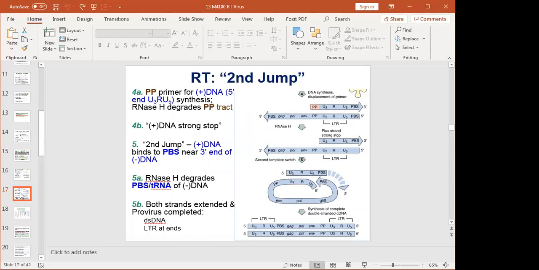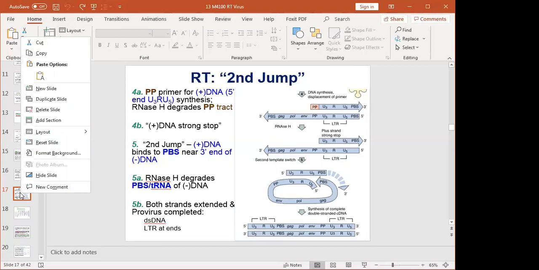So it's a switch in the template. First, it was at the 3' end, jumped to the 5' end. We extended the 5' end. Now from the 5' end, it jumps back to the 3' end. And whatever is in between, which is mainly negative DNA strand, will be removed, will be degraded.